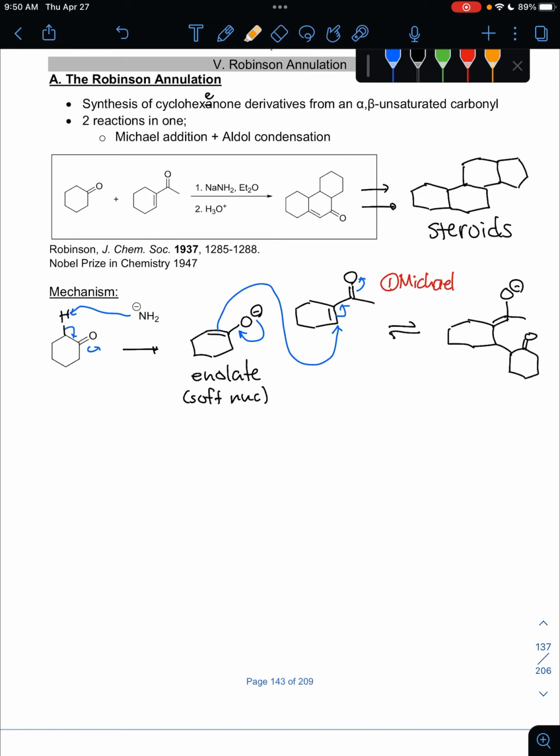I just want you to know that it could grab a proton from the other alpha proton and sort of tautomerize, so that enolate would be on the other carbon. And there's different ways to show this.